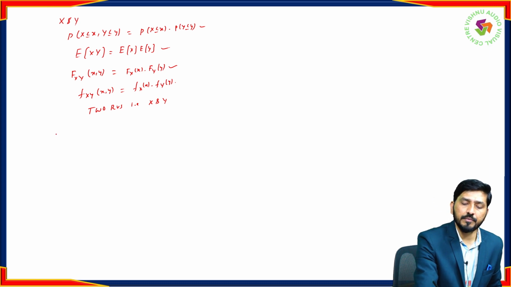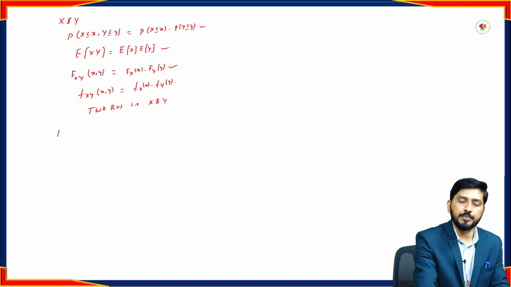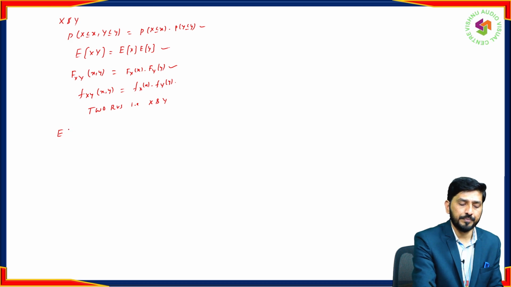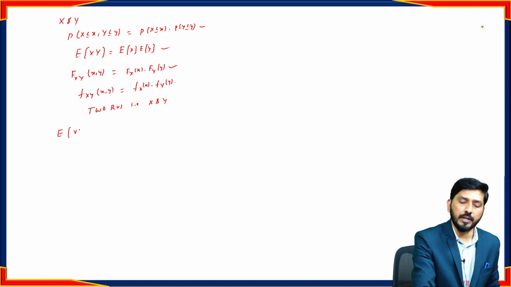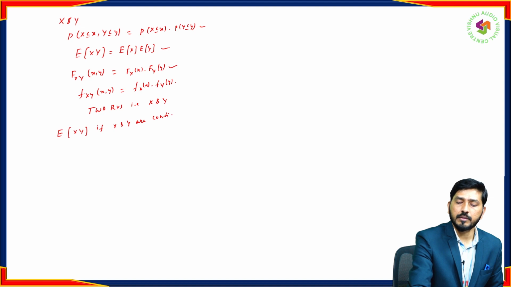The first one is expectation of XY, if X and Y are continuous random variables.